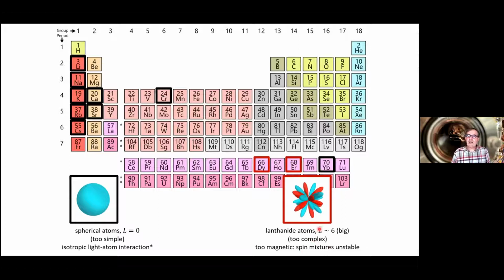But it also turns out that these lanthanide atoms are to some degree maybe too complex for some experiments in ultracold atom physics. In particular, if you have mixtures of different states of these atoms, such as you might want in some kind of quantum information experiment, those spin states will often just relax due to magnetic dipolar interactions.